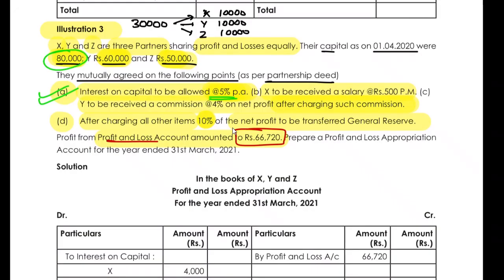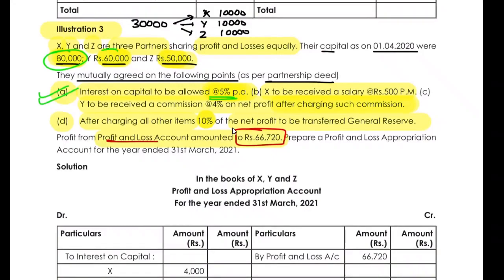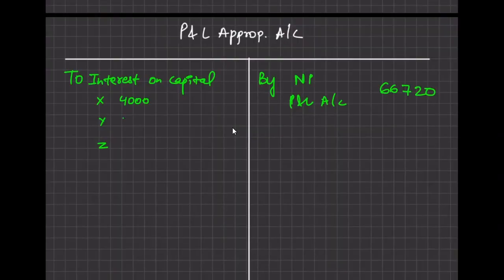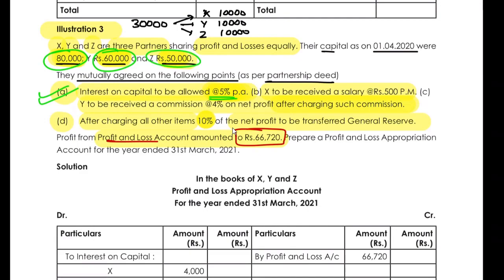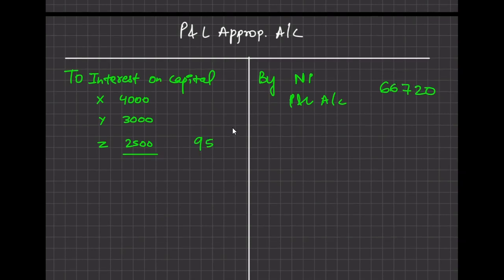The 5% of 80,000 would be 4,000 rupees. Y has a capital of 60,000. The 5% would be 3,000. And Z has a capital of 50,000. The 5% would be 2,500. So the total which is distributed now is 4,000 plus 3,000, 7,000 plus 2,500, that is 9,500.